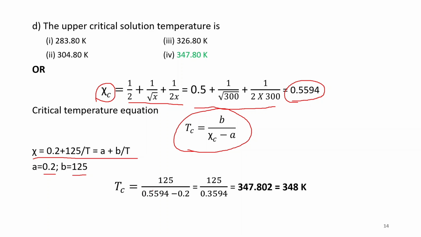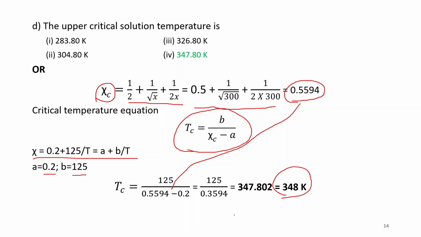So the critical temperature equation will be 125 divided by chi at C, which is 0.5594 minus 0.2, which is A, and we can get 348 Kelvin.